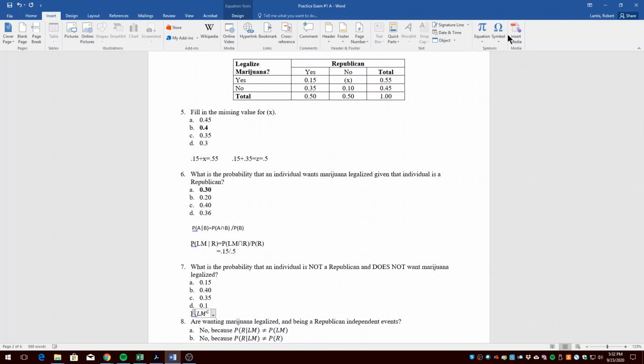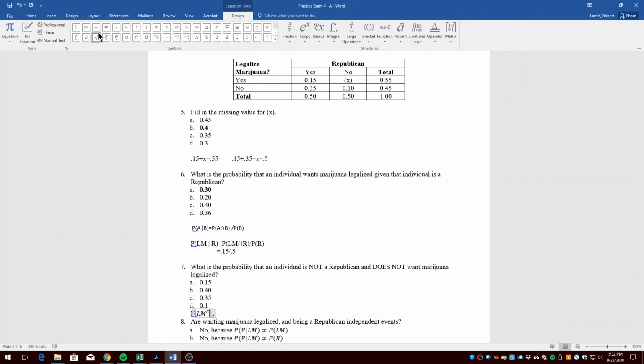Where's the equation at? There we go. So here's my "and" sign: does not want marijuana legalized and is not a Republican. I guess I wrote these in the opposite order, which doesn't matter because it's an intersection.